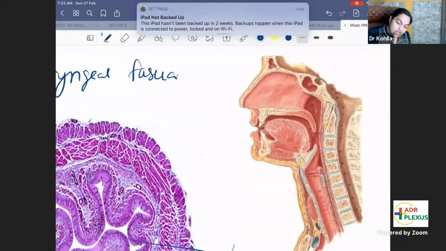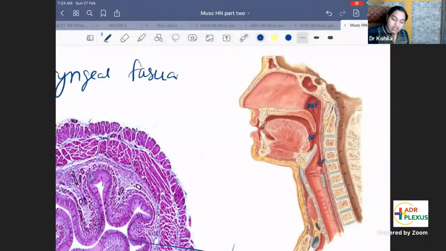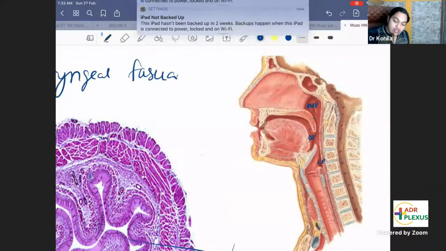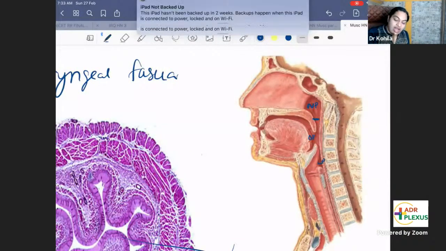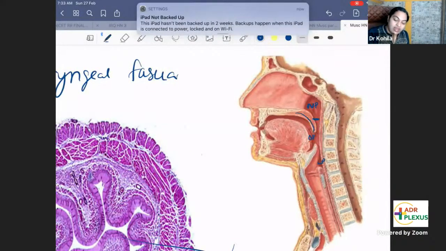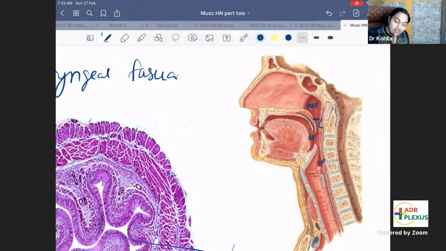So this is your nasopharynx, this is oropharynx, this is laryngopharynx. When you swallow something, it shouldn't go into the nasopharynx, right? So this is your pharyngeal isthmus, guarded anteriorly by the soft palate, posteriorly by the Passavant's ridge. Passavant's ridge is nothing but the fibers of palatopharyngeus.